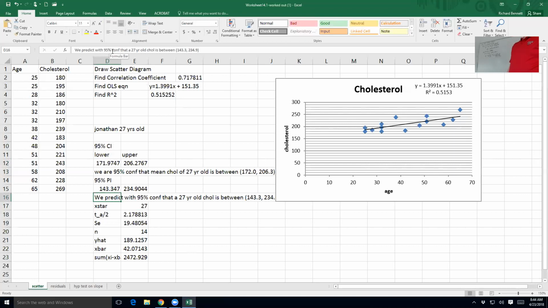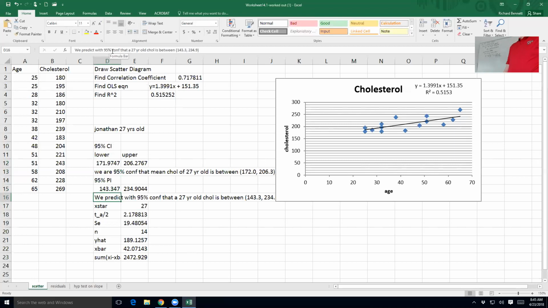Okay? So let's say, for example, Jonathan had a cholesterol level of 150. Would you say that was outside the range of the confidence interval? Yes, that would be outside the range of the confidence interval because 150 isn't in that interval. Would it be surprising that Jonathan had 150?